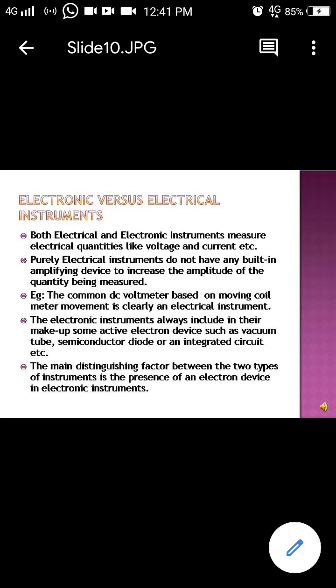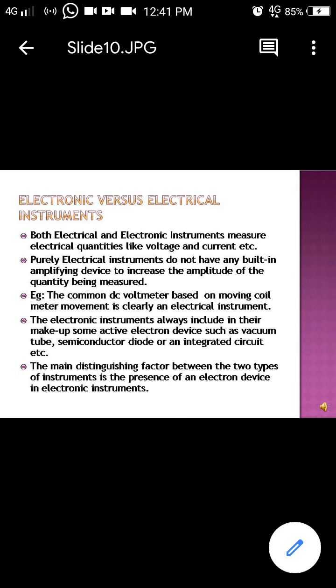Electronic instruments versus electrical instruments. The difference between these two is the presence of an electron device in electronic instruments, which means it has an amplifying device in its makeup.